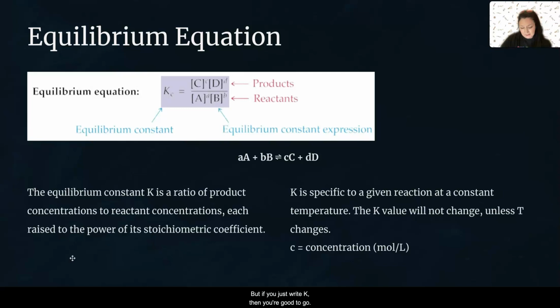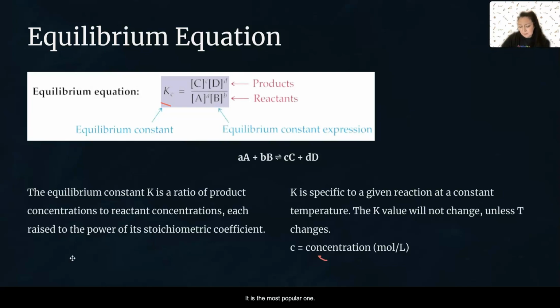But if you just write K, then you're good to go. However, if the prompt says write the Ka expression, like they actually write this out, then you need to write Ka on your paper. So if you need further clarification on that, just ask me and I will talk to you about it. But C stands for concentration.